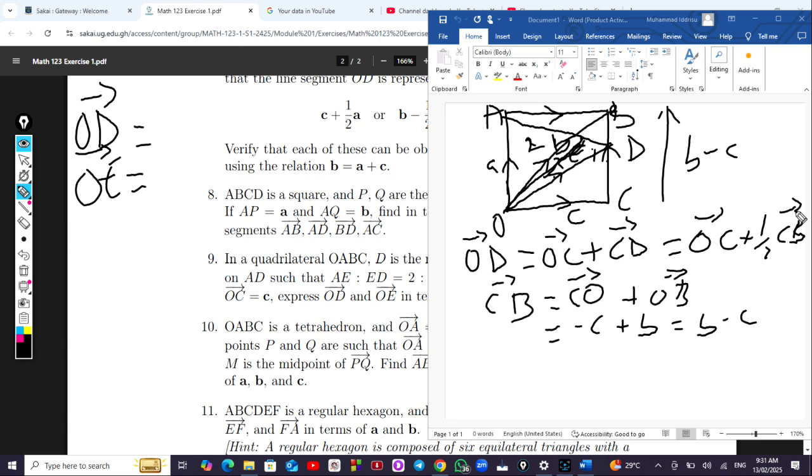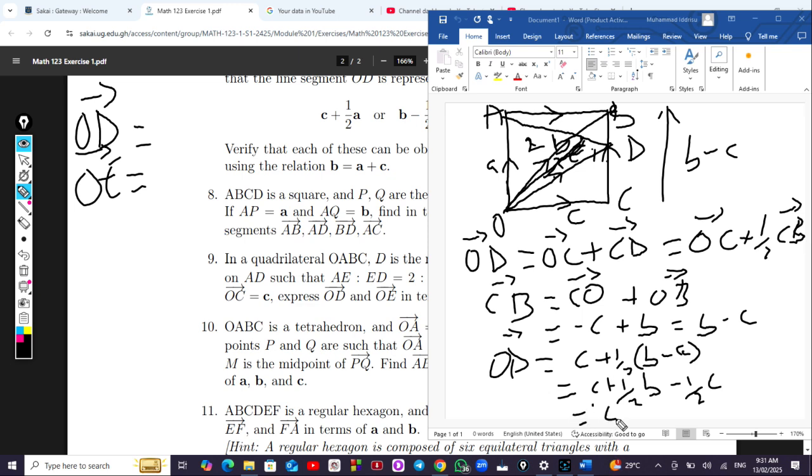So now OD will be equal to OC, which is C, plus half CB, which is B minus C. This gives us C plus half B minus half C, which gives us C minus half C, which is half C, plus half B. So you can have OD to be equal to what?